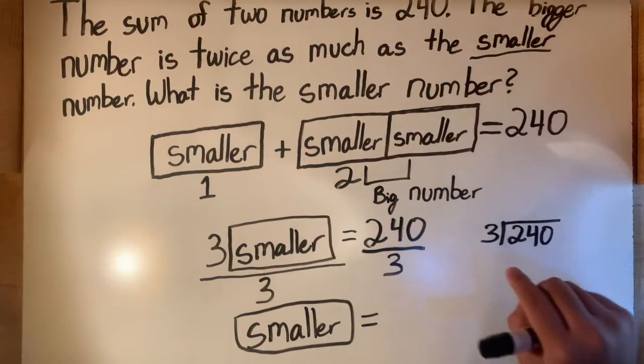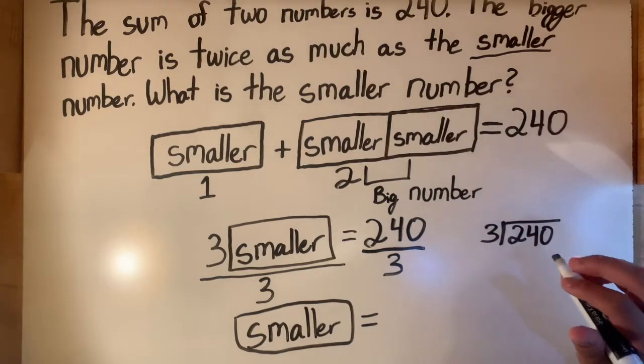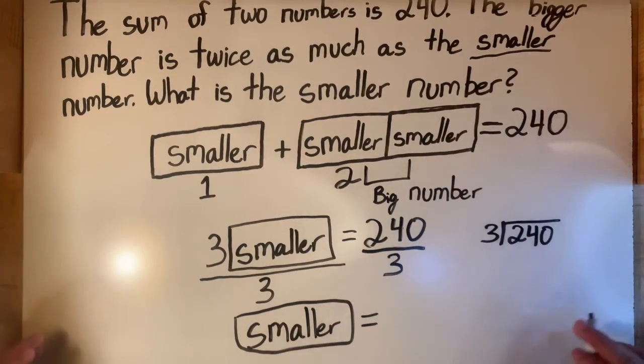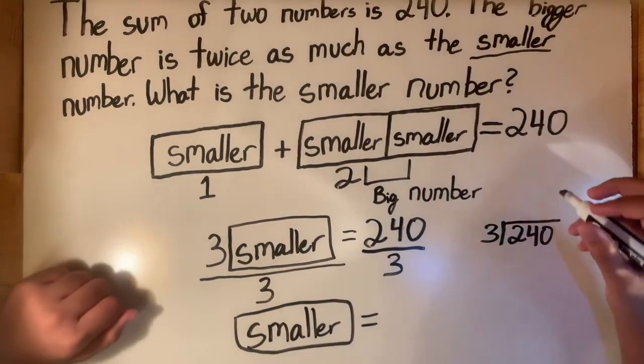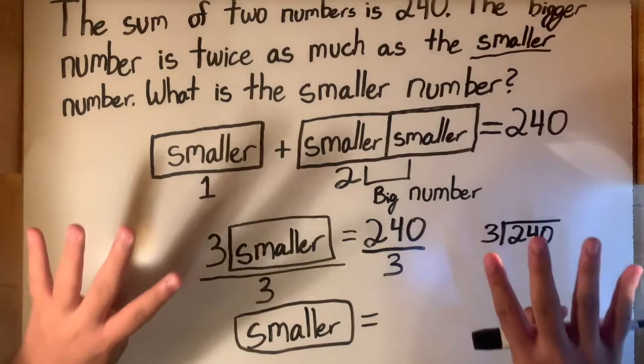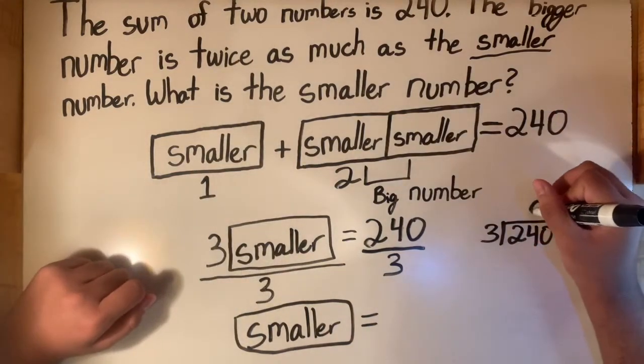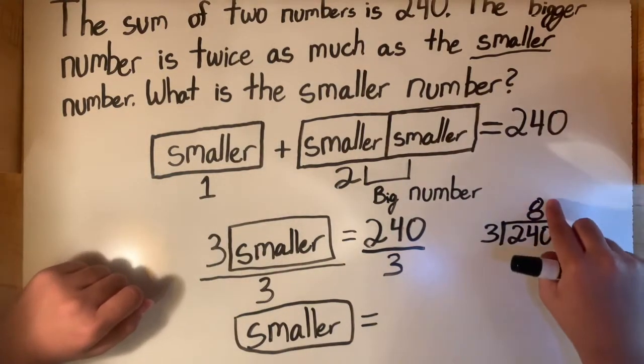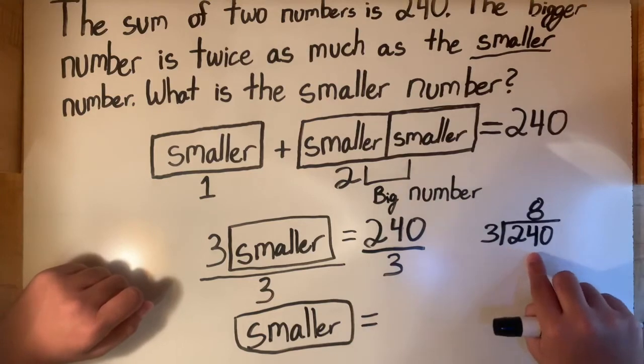The 3 is going to be outside of that house. If you know your times table, 3 can go into 24 8 times, because 8 times 3 is equal to 24.